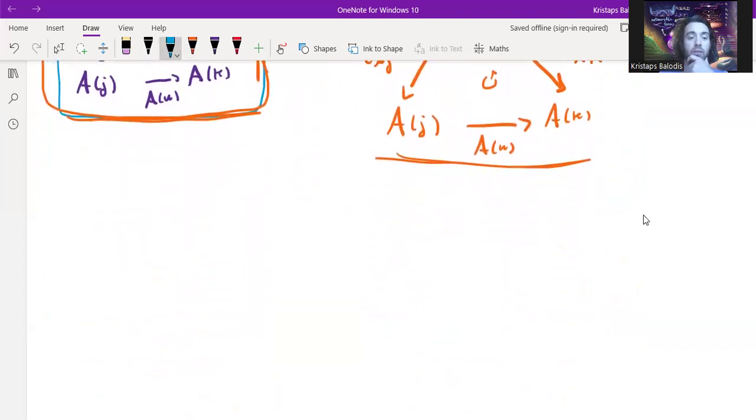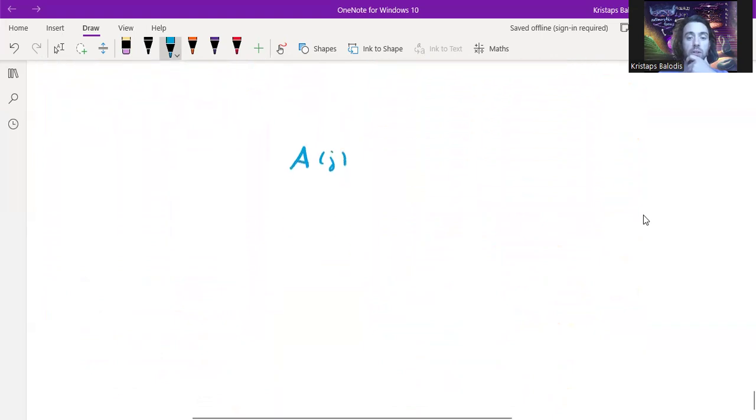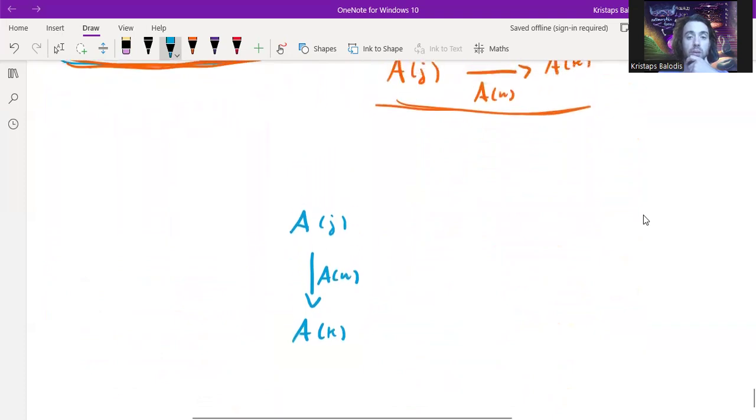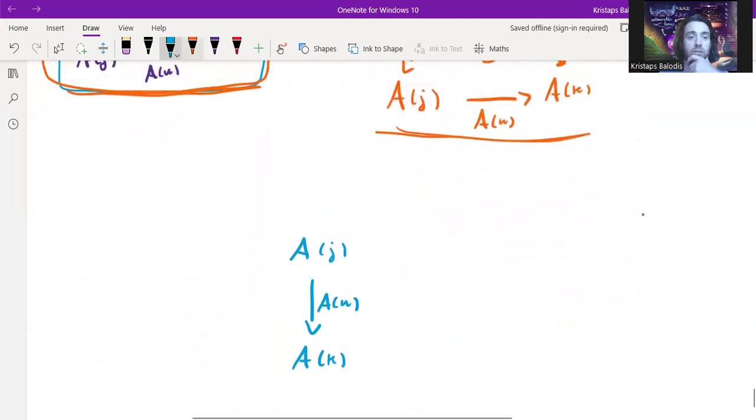So I have, let me draw it this way. So I've got A J, and now I'm going to put this pointing down to A K, and here's A U, right? So I've got that part. And let's use different colors for all of it. So I'll put C here, and here's my phi j. Actually, I'm going to put that beneath.